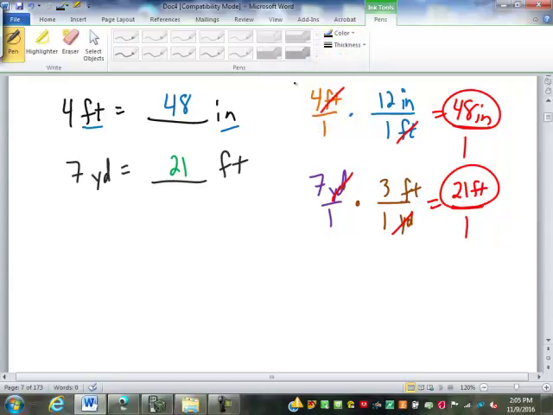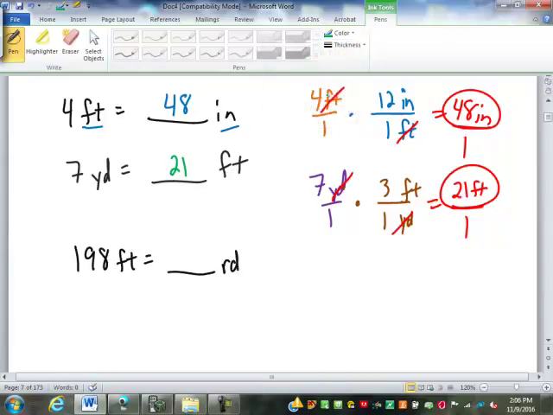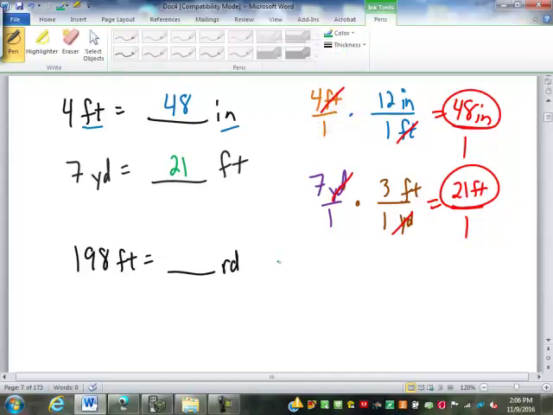Now we looked at some conversions that were more difficult than that. We might have 198 feet going into rods. Can anybody tell me what that's going to be? Not one that most of us know off the top of our head, is it? But if we go ahead and set it up, 198 feet over 1.